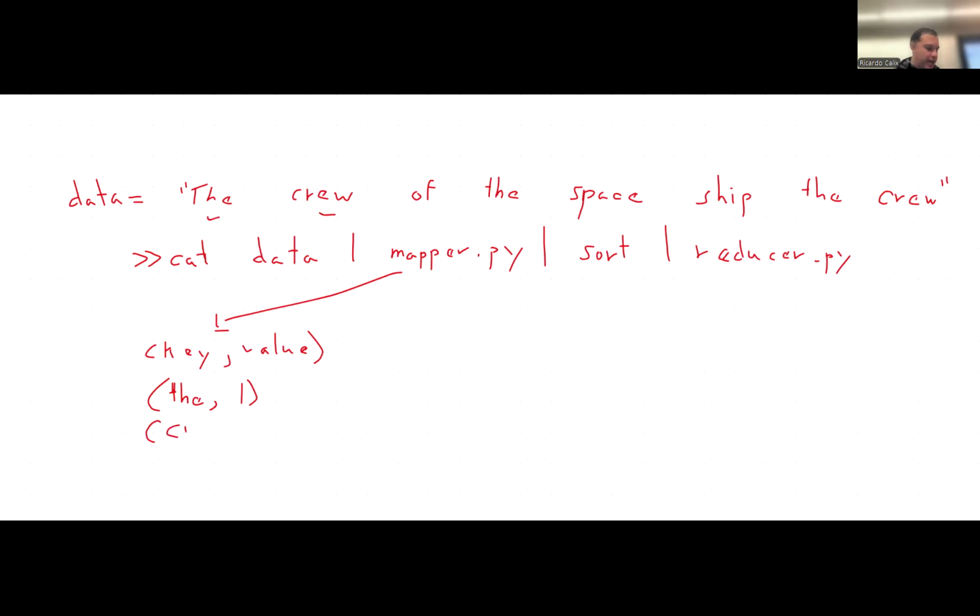Right? Then we do the next word, which is of, one. I'll continue over here. So then what's the next word? It's going to be the, again, do you see that? It's another the here, comma one.